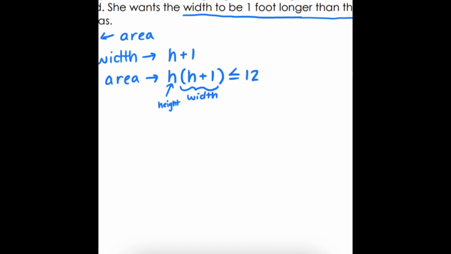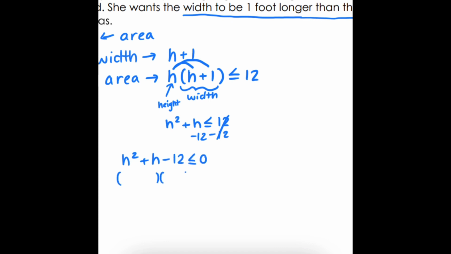So then from here we can just solve. And now we have a quadratic, so we can bring the 12 over to the other side. And factor.